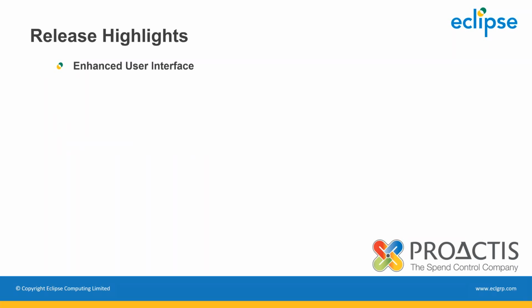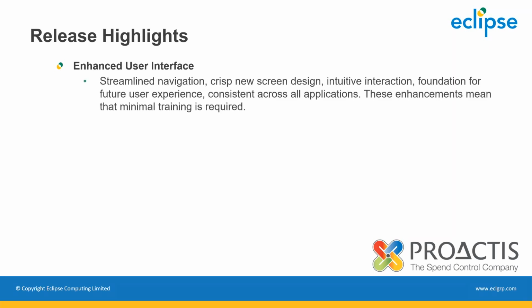So as I mentioned, the highlights for me, certainly of this release, really fall into a number of key categories. So first of all, there is a number of changes with regards to the user interface in P2P 2017. What has happened is that Proactis have decided to try and streamline everything, really refresh the user interface, make it as crisp and as intuitive as possible.